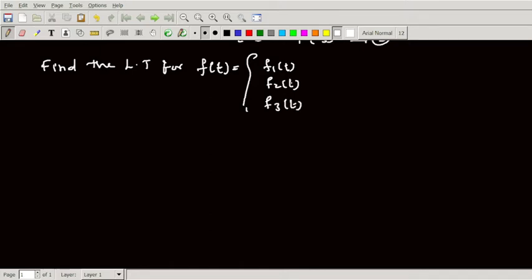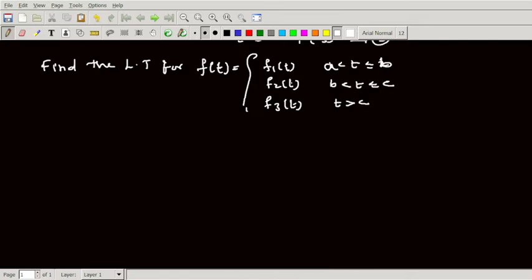The limit may be 1 less than t less than or equal to 2, or in general a up to b, then b less than t less than or equal to c, then t greater than c. I have taken this as an example of how to solve the problem. If we know this concept, we can easily solve the problems.